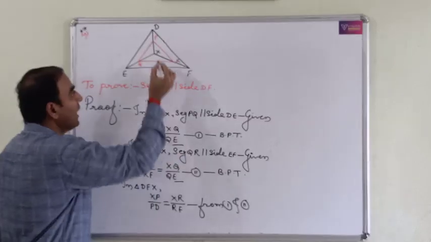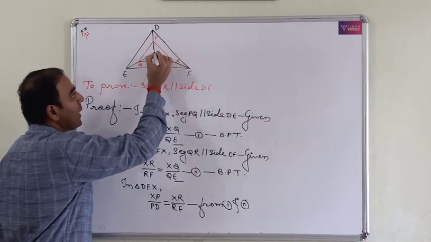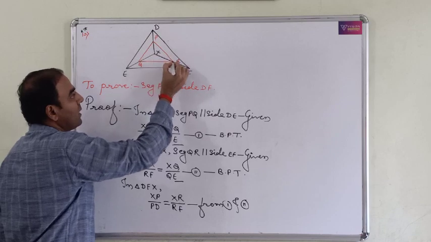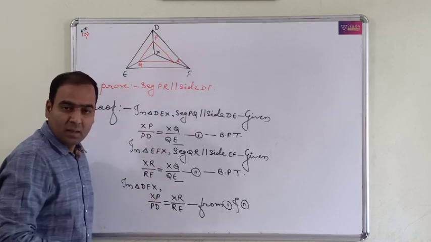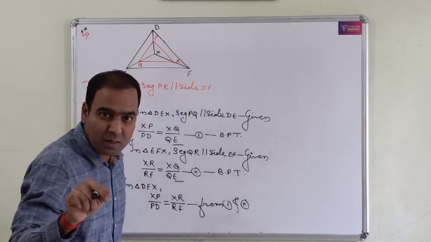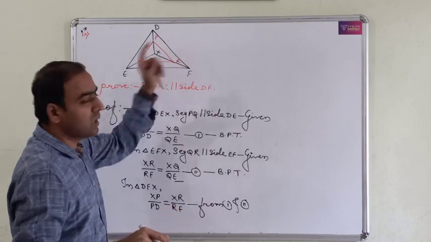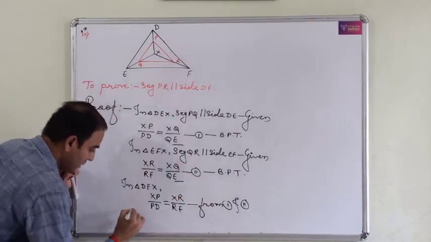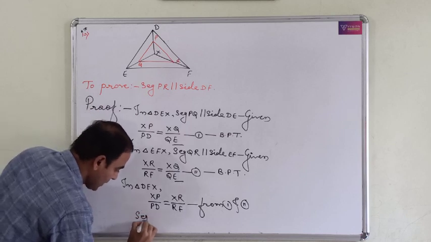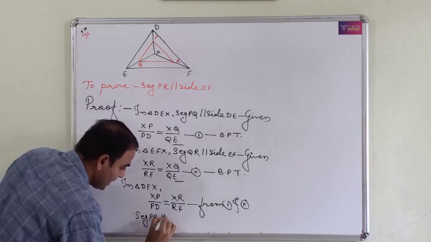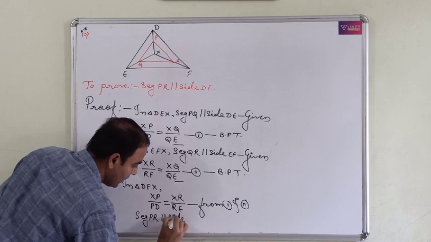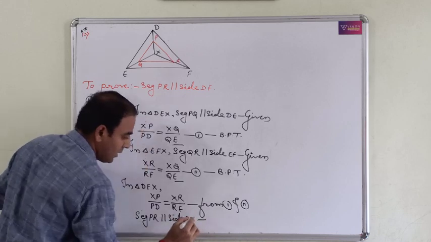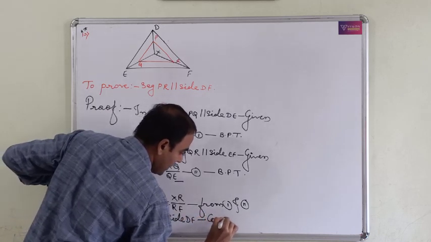It means that line PR divides the two sides of the triangle in equal ratios, then by converse of BPT it is parallel to the third side. Therefore you can say segment PR is parallel to side DF, reason: converse of BPT.